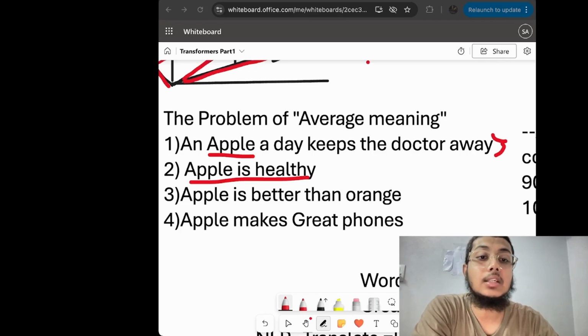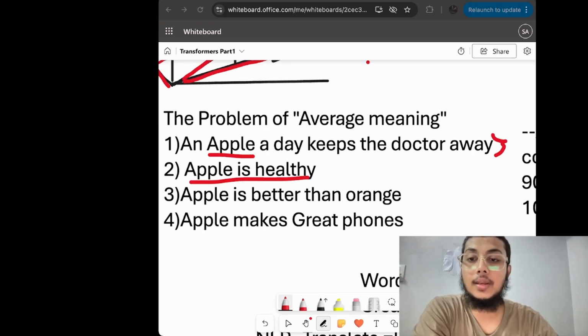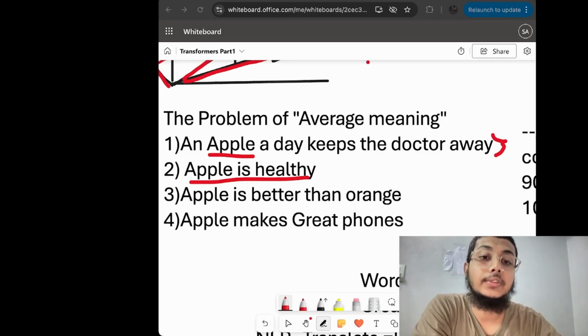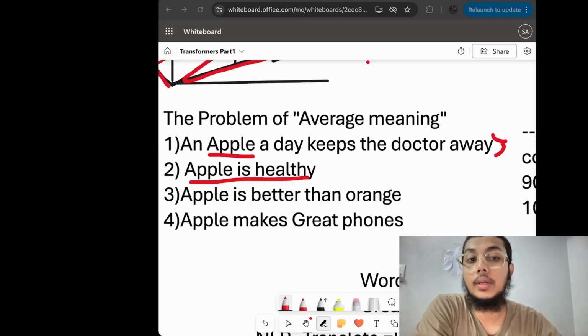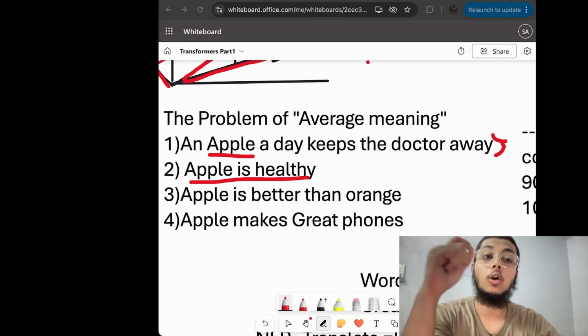We can increase this component a little more. Suppose we put 0.7. Then comes the third sentence, "apple is better than orange." Again it seems they are talking about taste. So to become a little more sure, we increase it, and the technology component is still not touched.